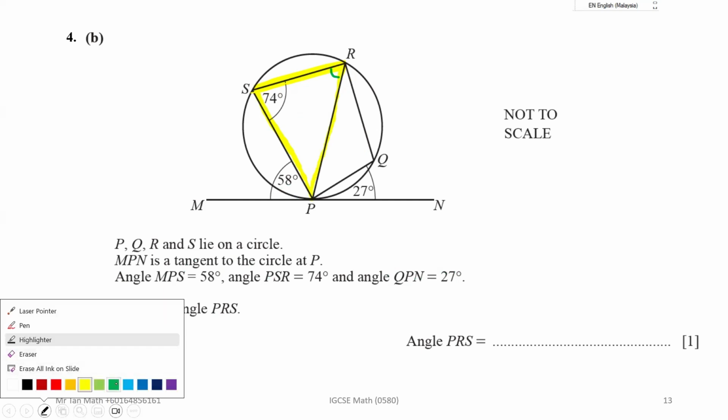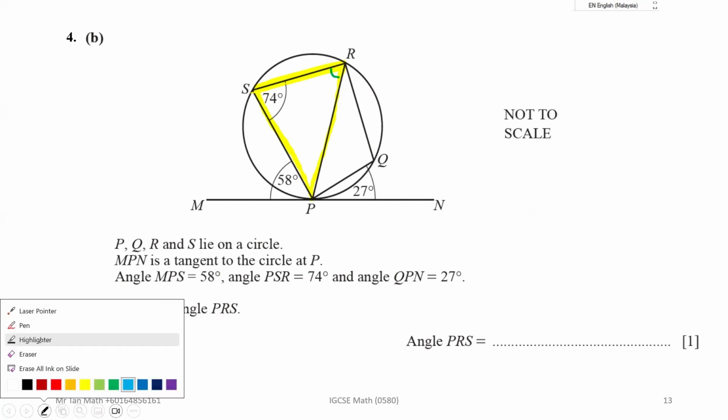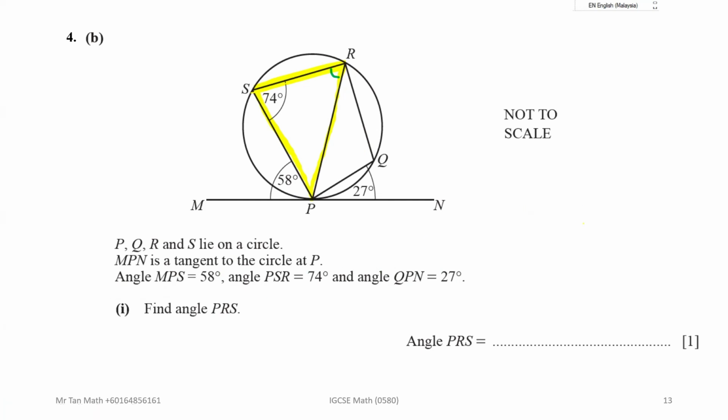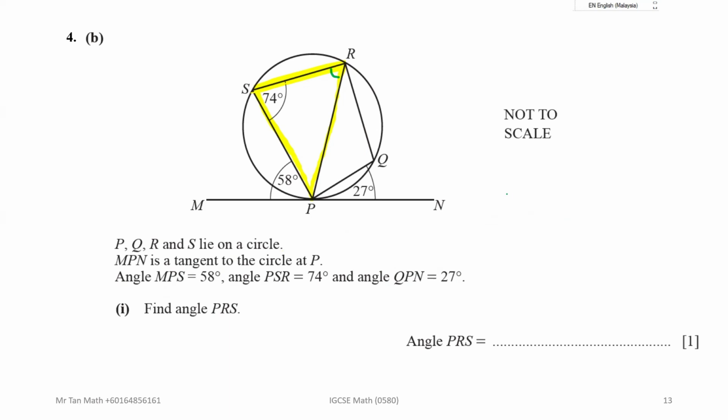So we have a property when you have a triangle, a circle and a tangent. With a tangent, you have a circle and you have a triangle.